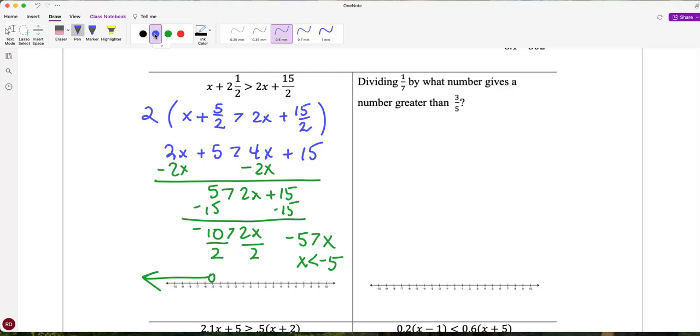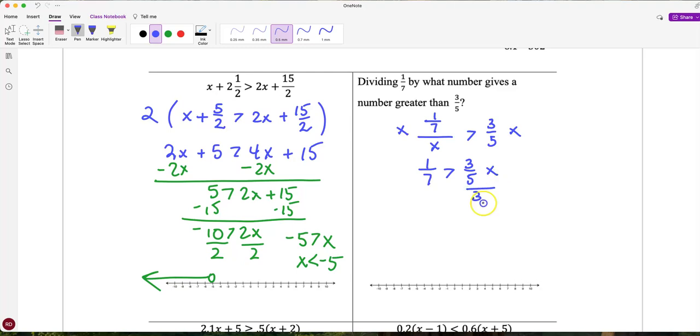Dividing 1/7 by what number gives a number greater than 3/5? So 1/7 over x is greater than 3/5. So if I multiply both sides by x, so 1/7 is greater than 3/5 x.